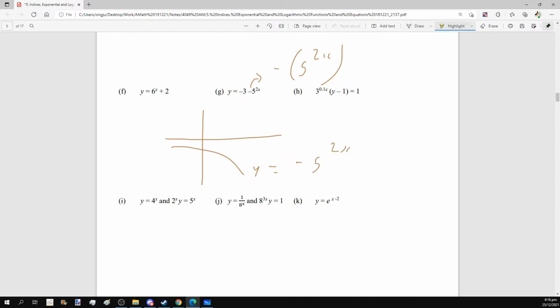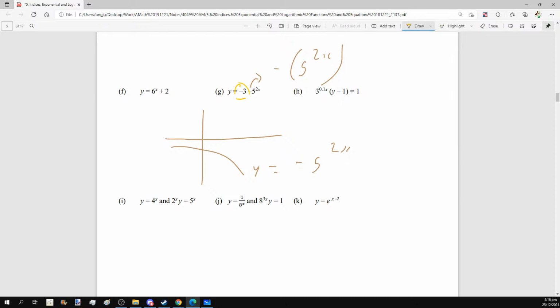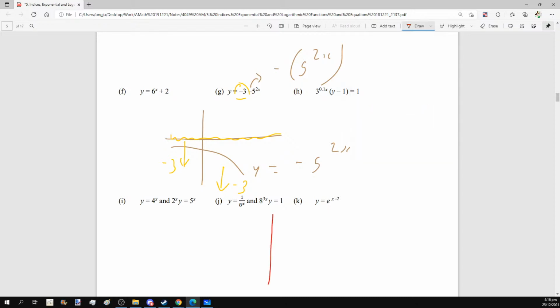Afterwards, what we see is that there is a minus 3. So we should expect to move down by 3 units. This includes the forbidden line, which starts from 0. Therefore, the final result will be something along these lines. Not drawn to scale, obviously.